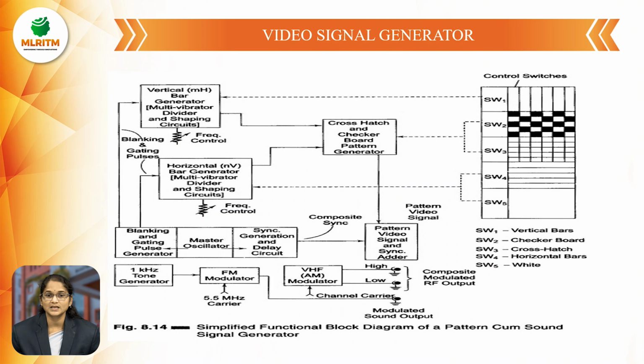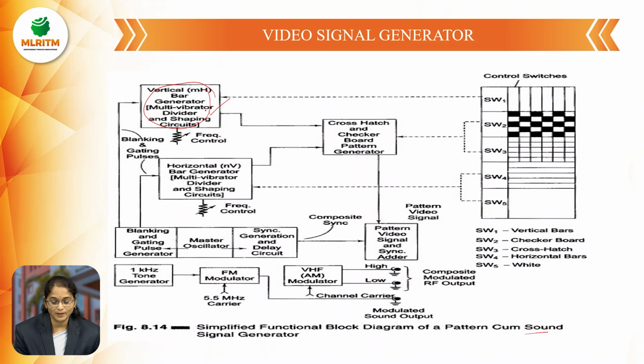Next, this is the simplified function block diagram of the pattern cum sound signal generator. How are we going to generate the pattern signal and sound signal? Here we will see in the block diagram. Here we have the vertical bar generator, multivibrator, divider and shaping circuit.